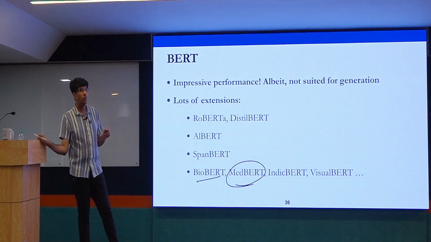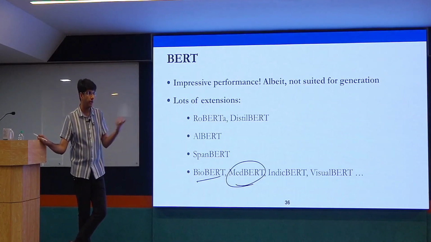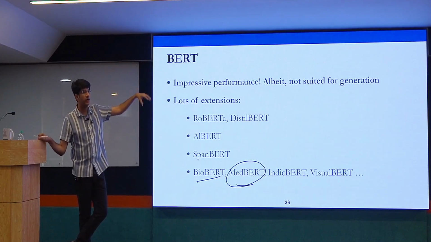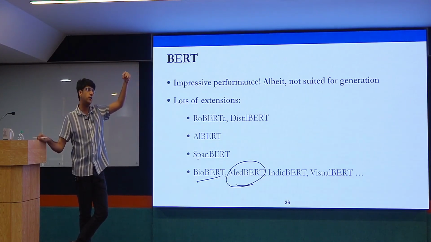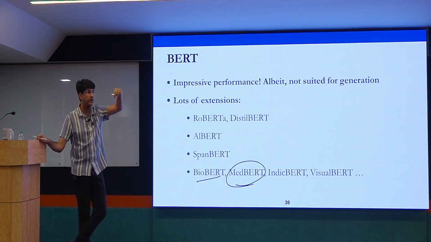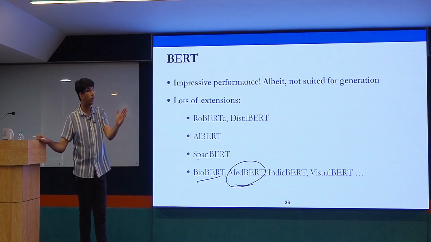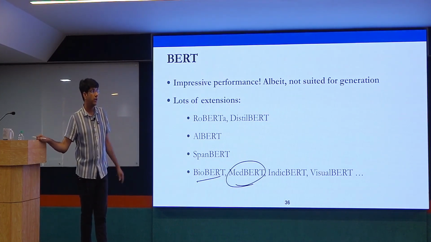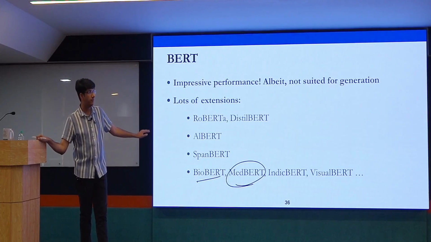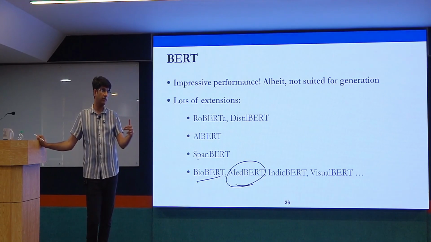You can have explicit markers in your input whose representations you can use further to make predictions that, okay, this is the start of the answer if you are doing extractive QA. If you know the answer is in this page and you want to know the span where the answer is, you can do that with some additions to BERT. But BERT directly is just a masked fill-in-the-blank model.